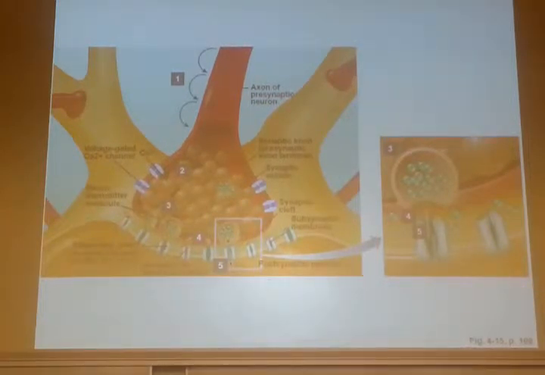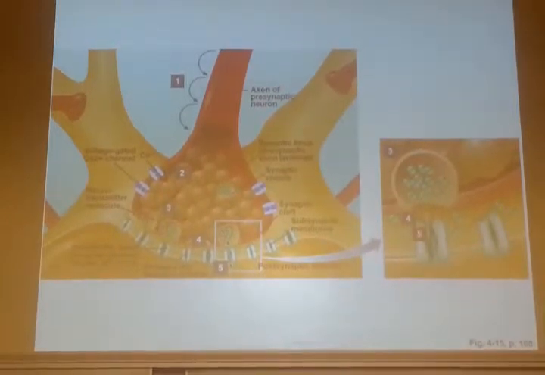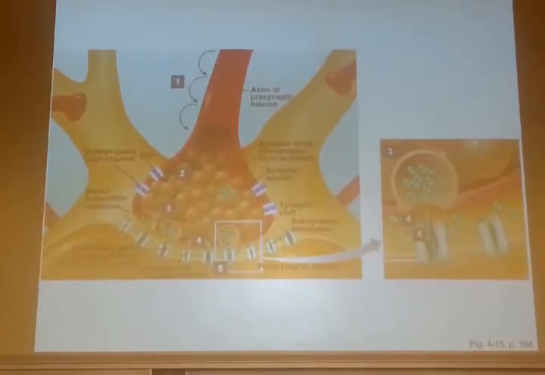There is another type of release which is called kiss and run. The vesicle comes, fuses, but just opens a little pore, and you can think of some saliva coming out while you're kissing somebody, but nothing else is coming out, just a little bit of neurotransmitter, and then the lips close and you run away.